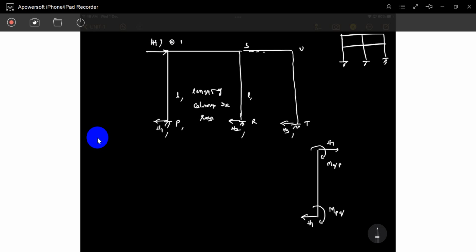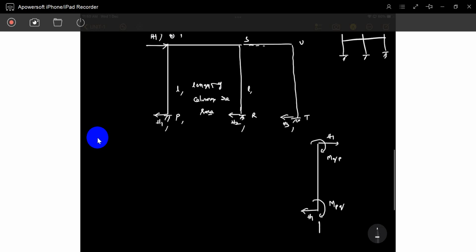We have already drawn many free body diagrams previously, with final moments, shear, and if you want, vertical reactions also. This free body diagram should be in equilibrium. So write down the equilibrium equation.